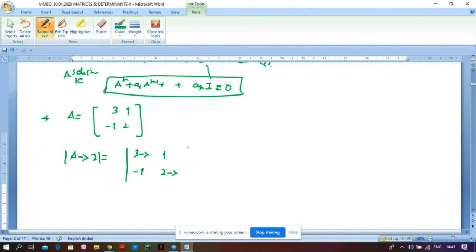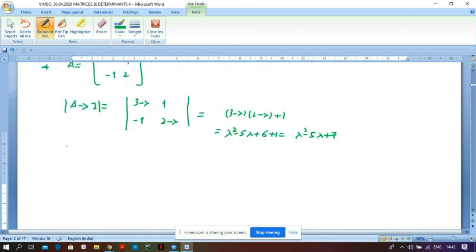And that equals 3 minus lambda times 2 minus lambda plus 1, which gives you lambda squared minus 5 lambda plus 6 plus 1. That is lambda squared minus 5 lambda plus 7. So we have got the characteristic polynomial. The characteristic equation is lambda squared minus 5 lambda plus 7 equals 0.